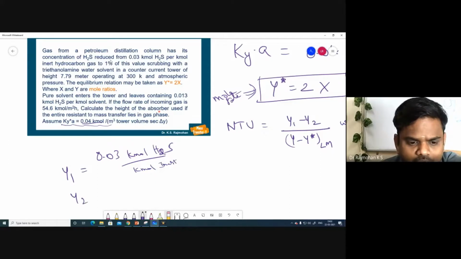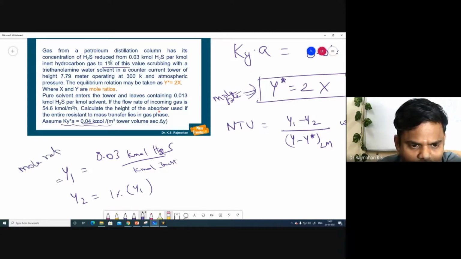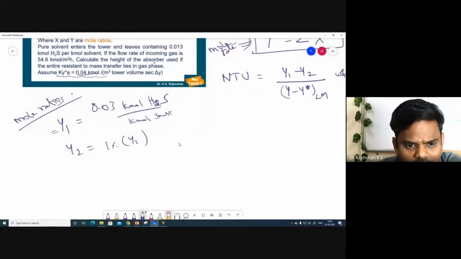And capital Y2 is given as: it is reduced to 1% of this value, so 1% of Y1. That is an easier way to get the Y2 value when we express in terms of mole ratios. 1% of this value is 0.01 into 0.03.